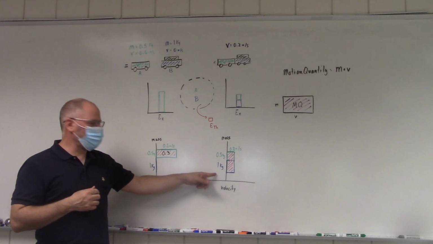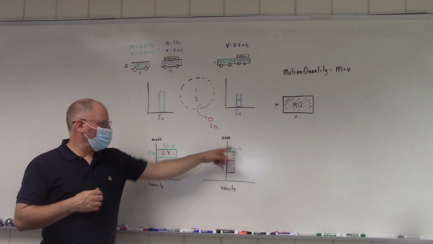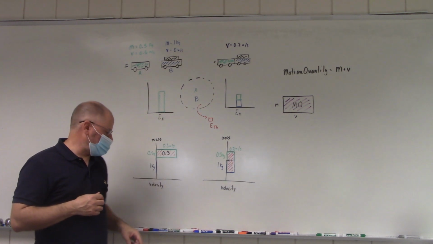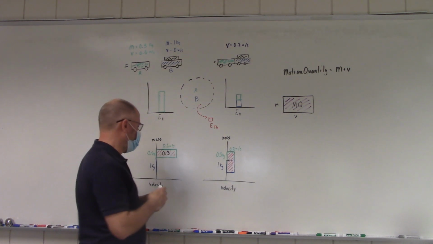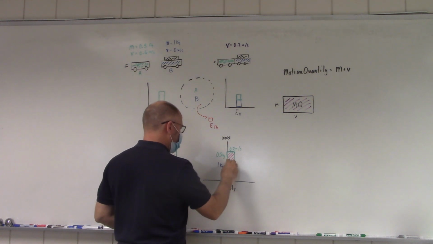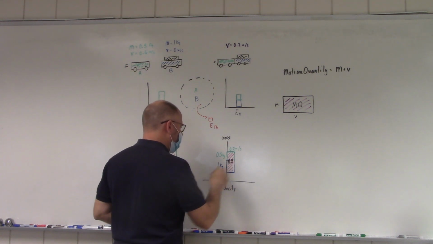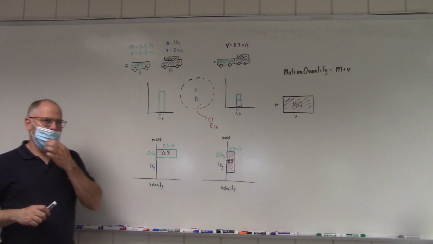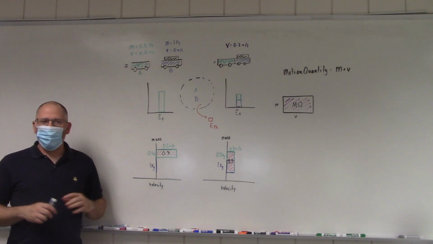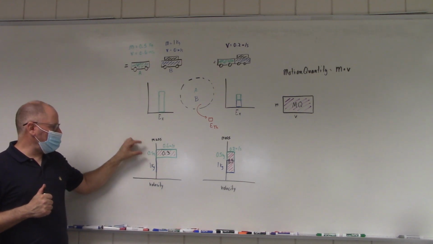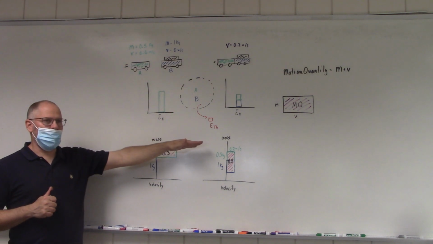Well, my total height is 1.5. 1.5 times 0.2 is how much? It's 0.3 again.